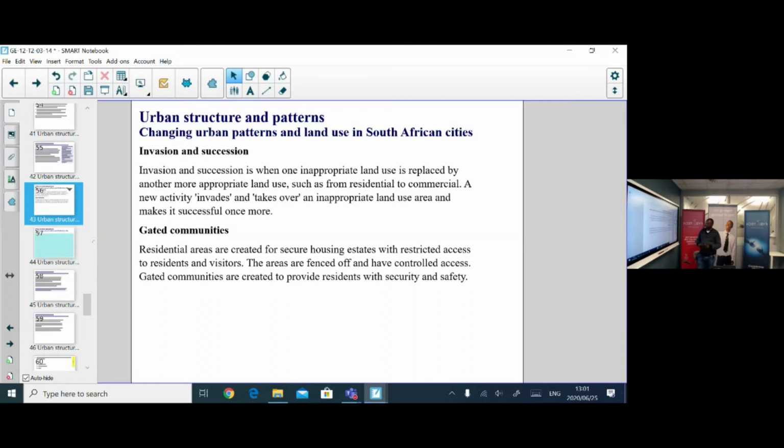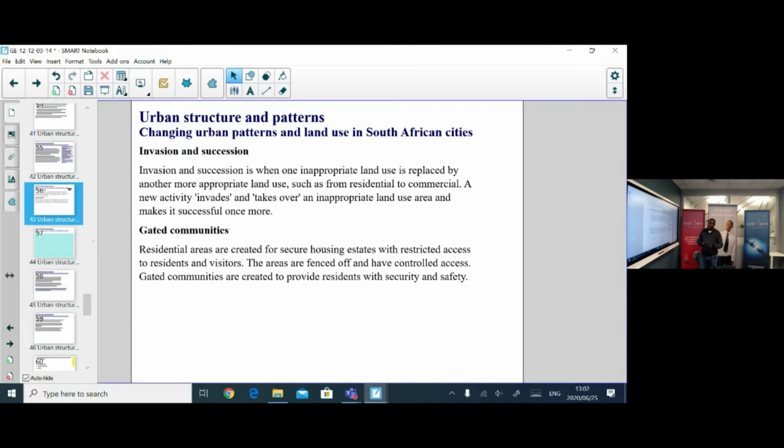The first one here is inversion and succession. We explained yesterday that when a land use is replaced by another different form of land use, that form of change is called inversion or succession. It is when one inappropriate land use is replaced by another more appropriate land use, such as from residential to commercial. A new activity invades and takes over an inappropriate land use area and makes it successful once more.